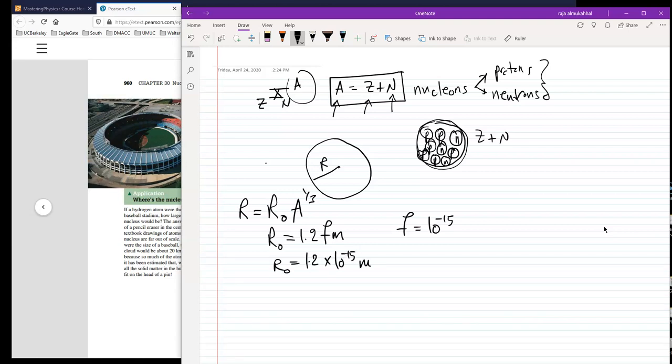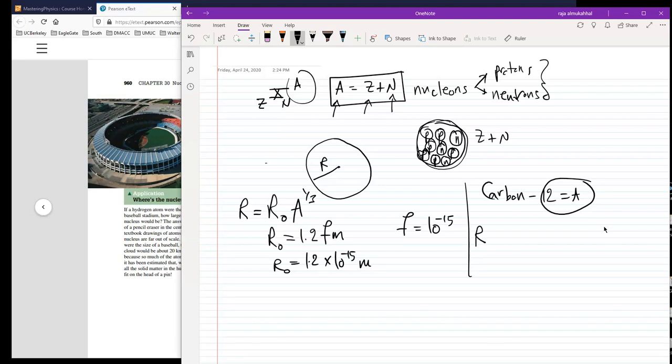So, for example, let's pick a nucleus, let's say carbon. Of course, carbon is carbon 12, which is A equals 12 here. So I'm curious to know what is the radius of the carbon nucleus. Simple.